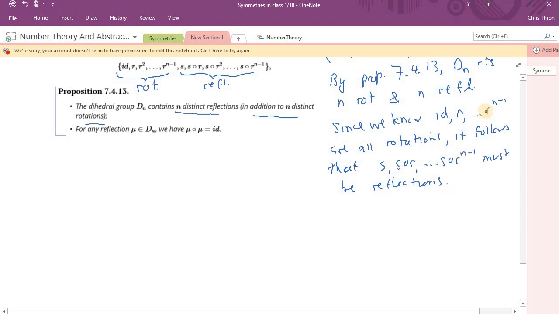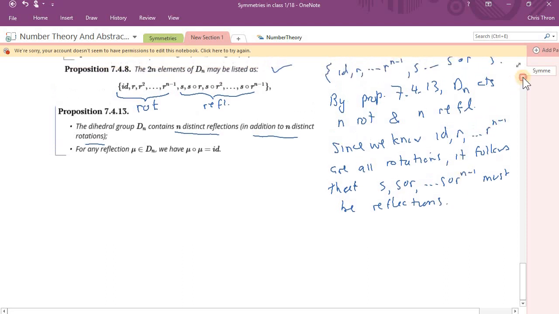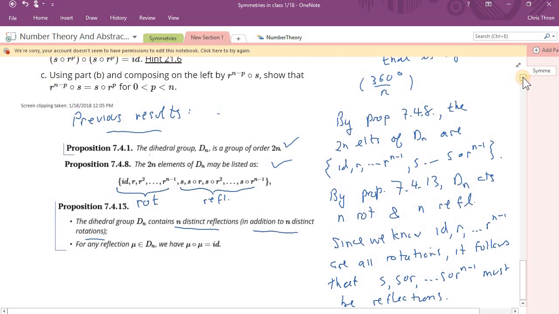Okay, so that's how you could write up this problem. Just circle that. This would be part A. That's an acceptable write-up for part A.